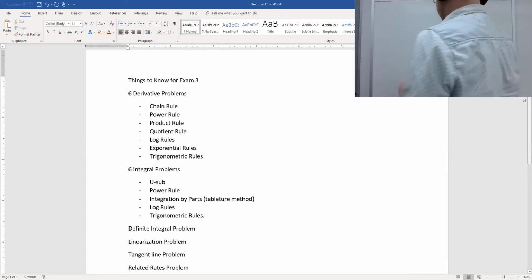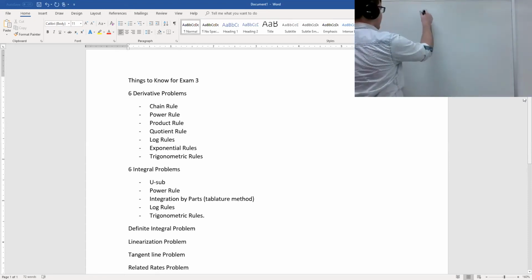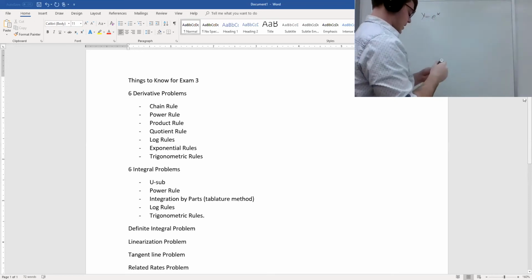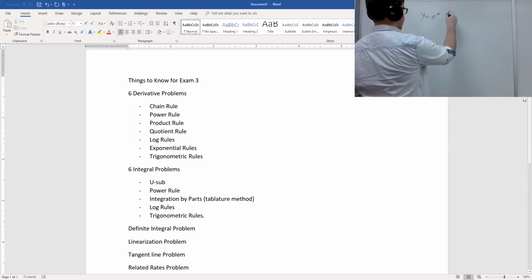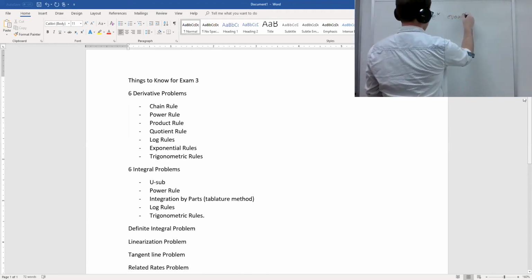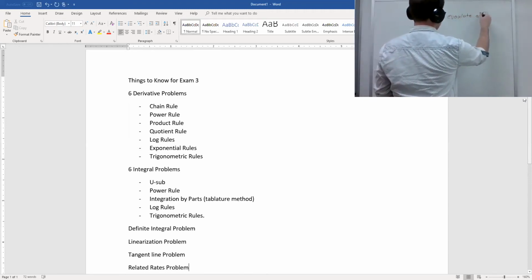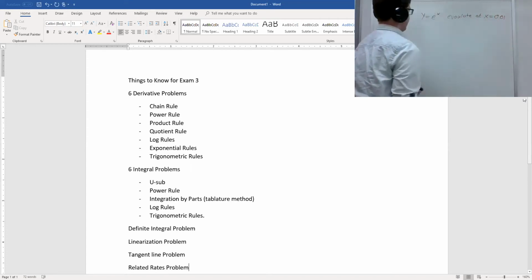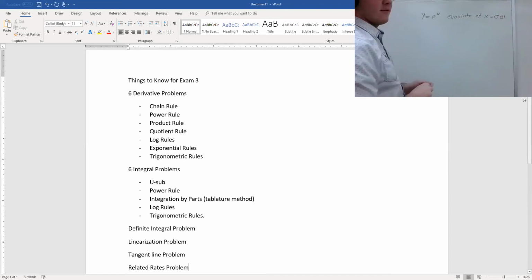So let's say we had the function y equals e to the x, and we want to evaluate this at, let's say, x equals 0.01. Well, that's kind of impossible to do without a calculator. So it's what to do if you don't have a calculator. Essentially, we're going to find a tangent line.